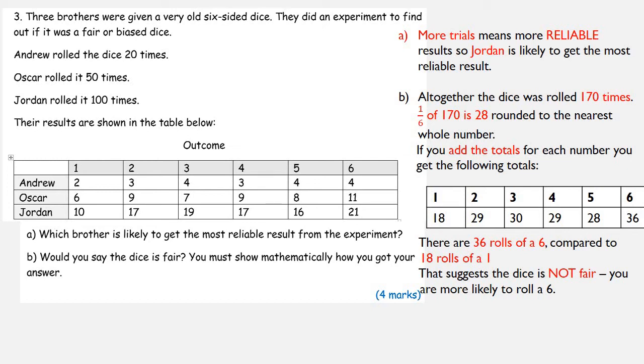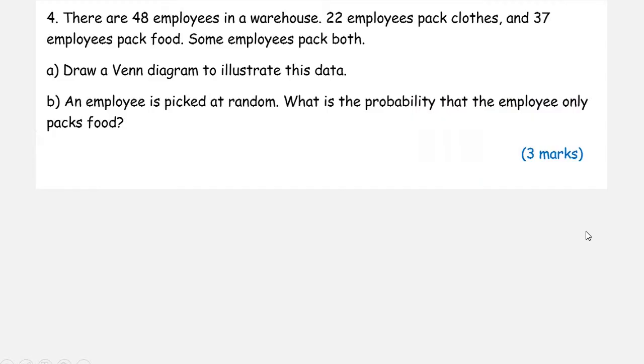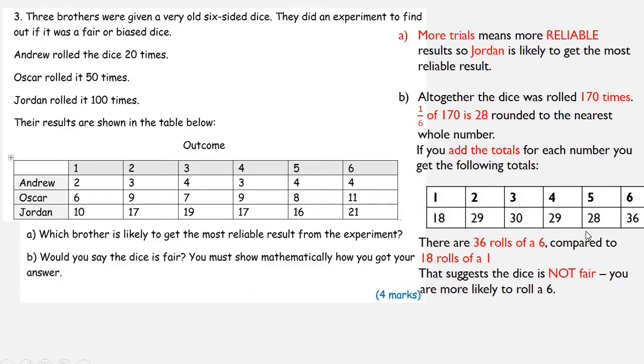Okay, and if we look at what happens when the 3 brothers roll the dice, 2, 3, 4, and 5 are pretty close to 28, so they're pretty much what you would expect to get. However, 1 is 18, 6 is 36, which is double the number of 1s. So this suggests the dice is not fair. You're more likely to roll a 6 than you are to roll a 1. So it's not a fair dice.